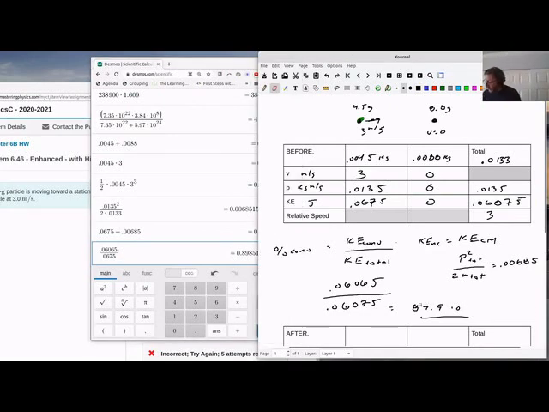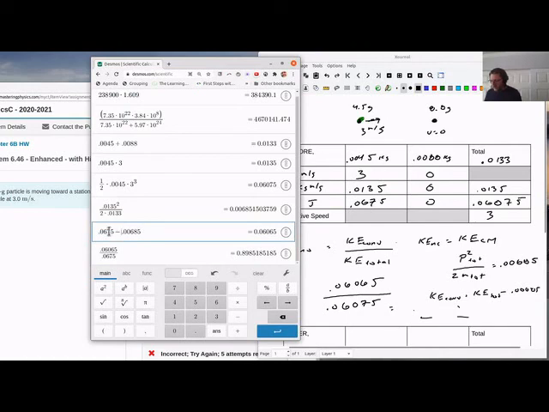So then the convertible is the total minus 0.00685. This needs to be changed to 0.06075, which means the amount that's convertible is 0.0539.